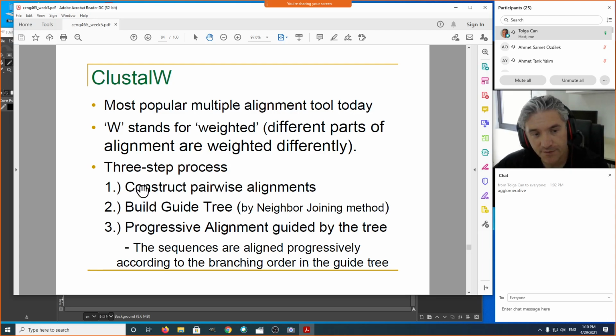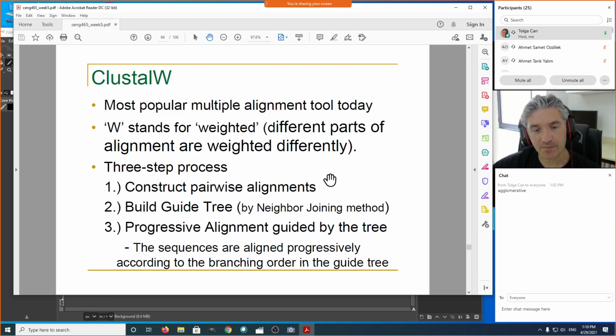So in the first step, it constructs pairwise alignments. The first step is the same as the star alignment. We pairwise align all sequences that are given to us. So we perform this in O(k square n square) time, where n is the average length of these sequences.